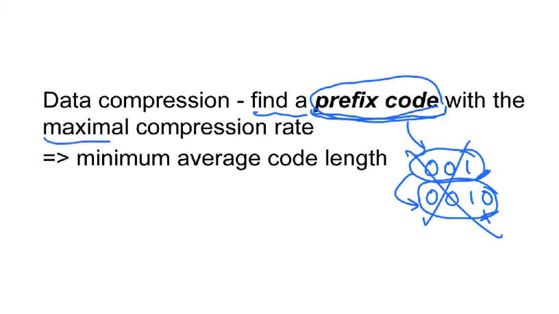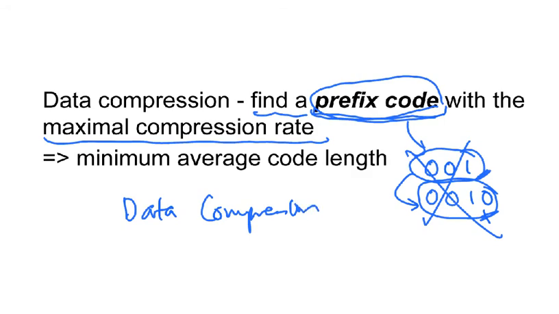So what is meant by the maximal compression rate? Earlier we saw the input text that we are using as an example, for example an input text that contains the word data, the word compression, and so on and so forth.